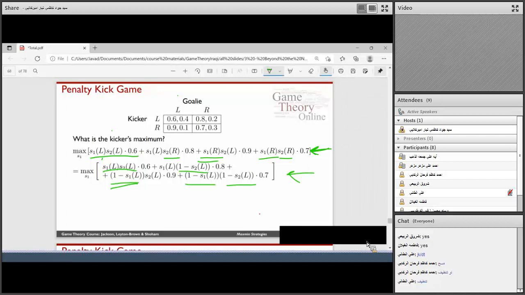Let's take a look, see if you have any questions. Every probability of going to the right was converted to 1 minus that probability for going to the left. Are we good with this?